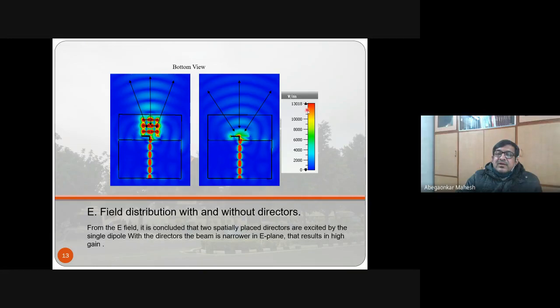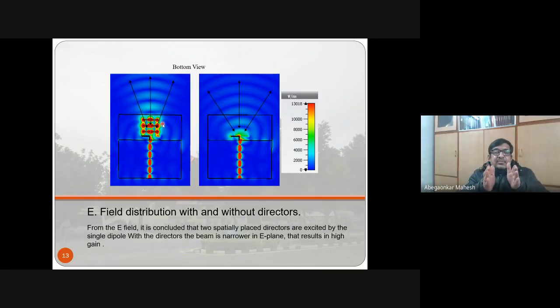So what we see here is without the directors, there is very little field, this green color approximately here. Whereas with directors, you'll see that there is a lot of concentration of energy. As a result, your gain increases. The energy is focused in a particular direction, and as a result the gain increases.